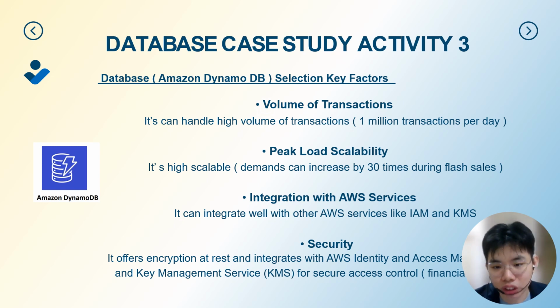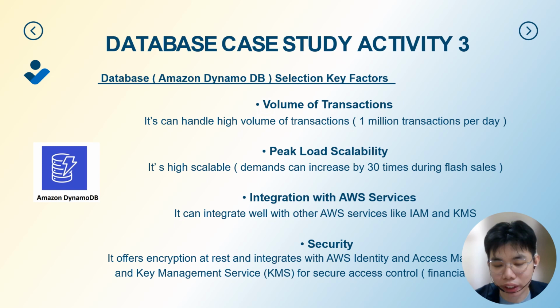Like I mentioned, the company needs to handle 1 million transactions per day. So it's a very large amount of data. If I just used another simple Amazon service, it could not support such a volume. Amazon DynamoDB can handle the high volume of transactions.